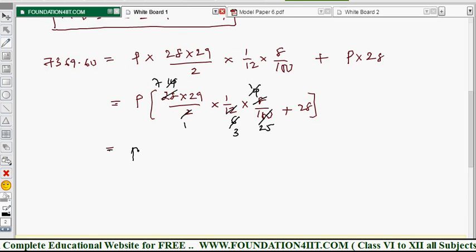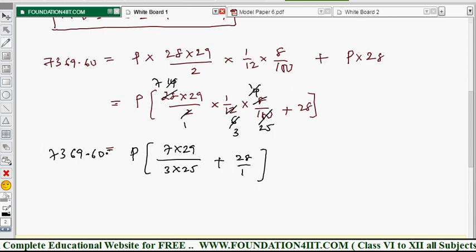Then from this, 7369.60 is equal to P into 7 into 29 divided by 3 into 25 plus 28 by 1. Just take LCM on this side and you can simplify.